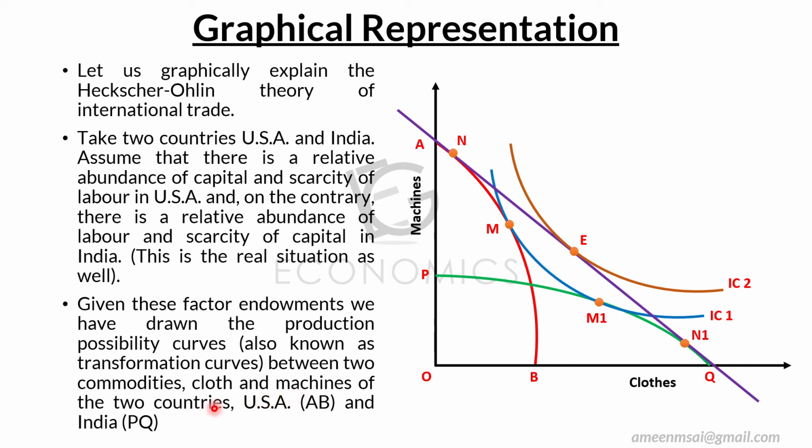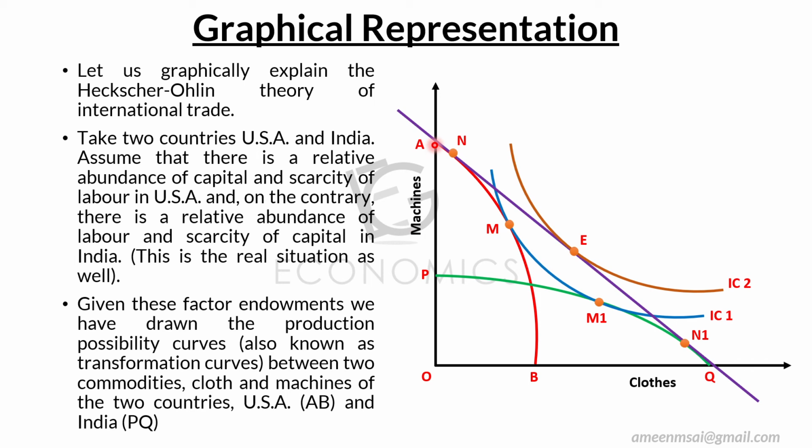The production possibility curve of USA is AB, the red colored one, and of India it is PQ, the green colored one, as you can see. On the horizontal axis, cloth is measured, and on the vertical axis we consider machines.